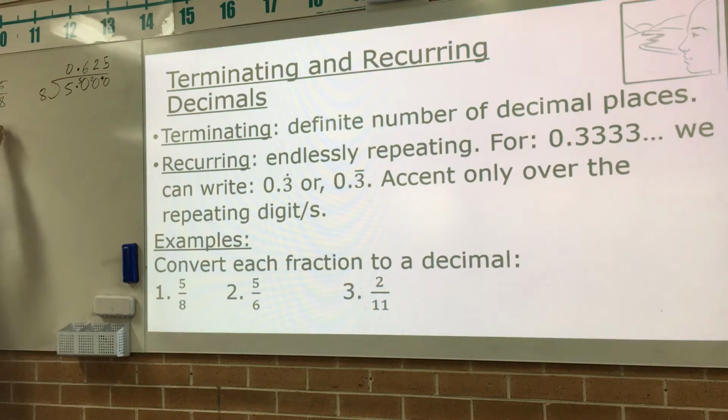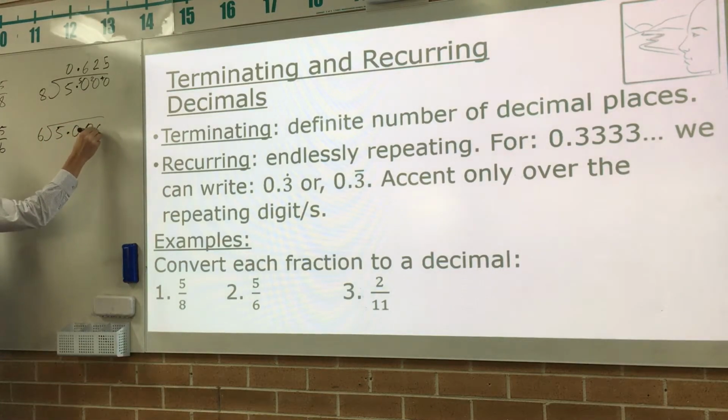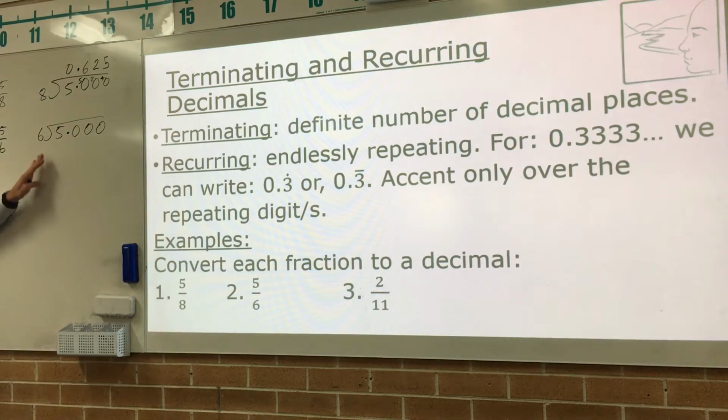The question is 5/6. So again, write it as a short division, and you should be able to see straight away, I'm going to need some zeros. I'll put a few in because we're going to go for a little while. How many times does 6 go into 5?